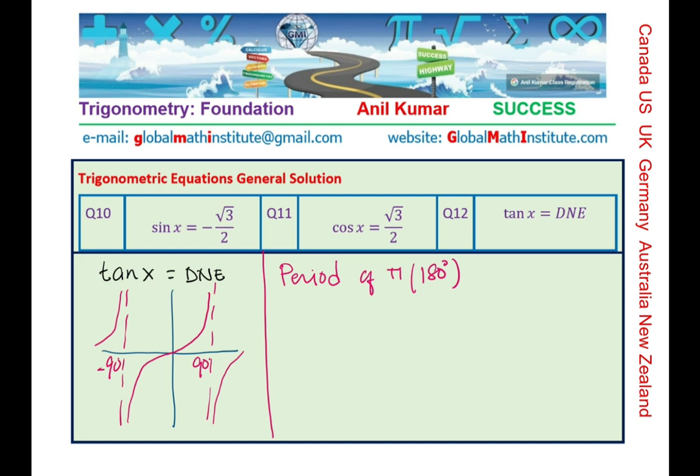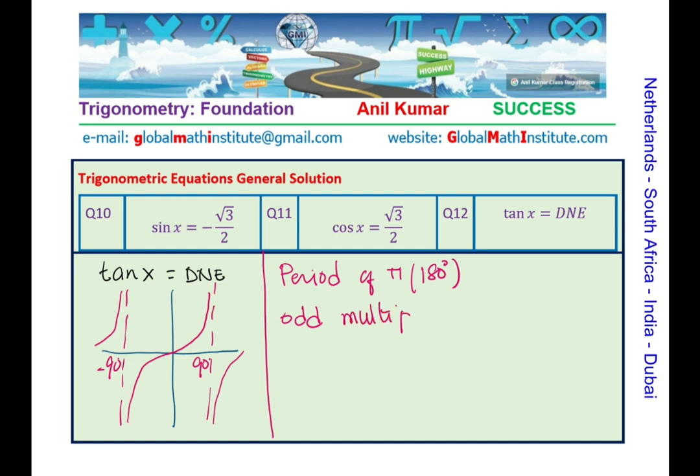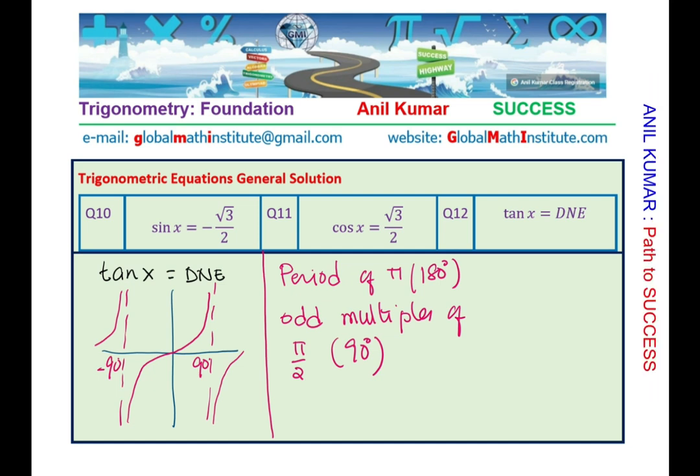So odd multiples of 90. So that gives you odd multiples of pi by 2, or you can say 90 degrees. Makes sense. So the function is discontinuous for odd multiples of pi by 2 or 90 degrees.